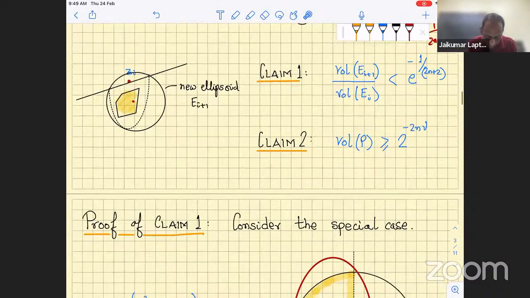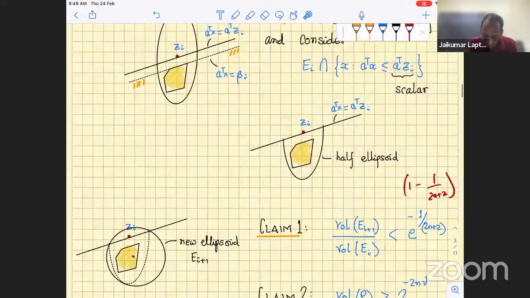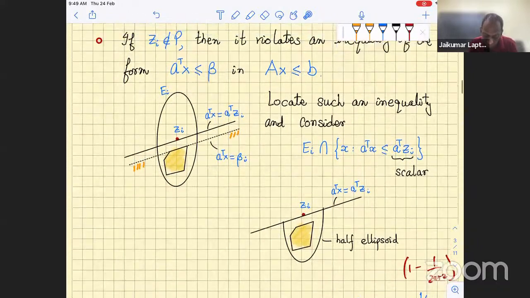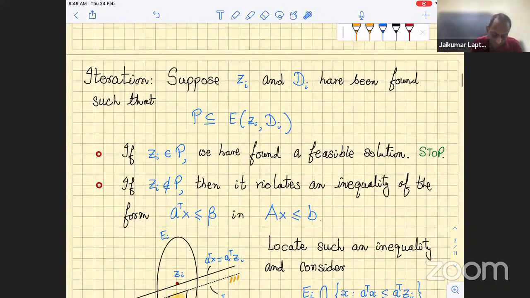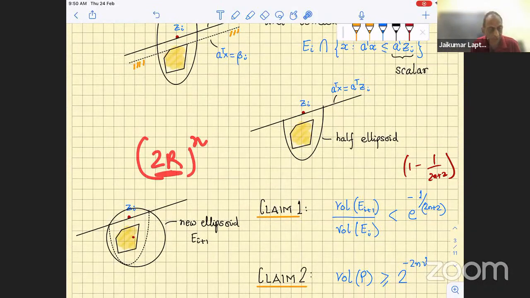So we will adjust our number of iterations so that it brings our original ellipse below that. What was the volume of the original ellipse? The original ellipse was contained in a box of size 2R. R itself was just exponential in n squared and nu and things like that.